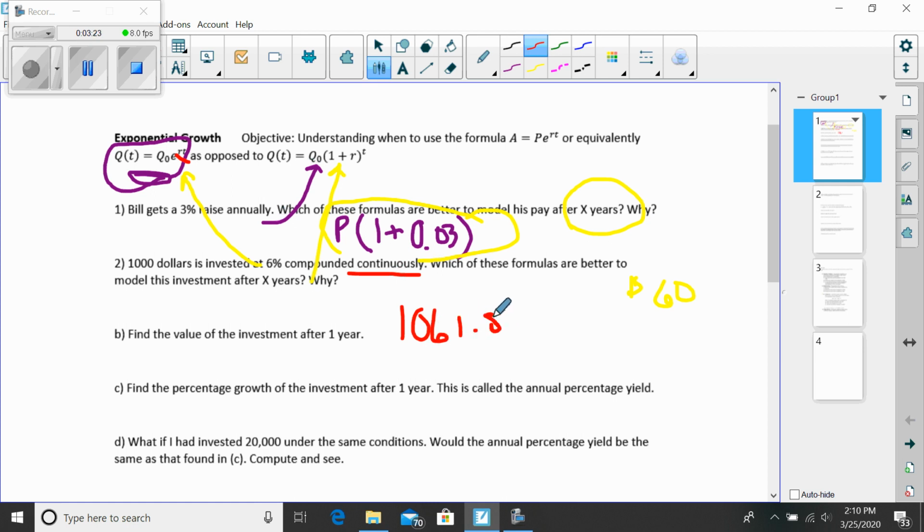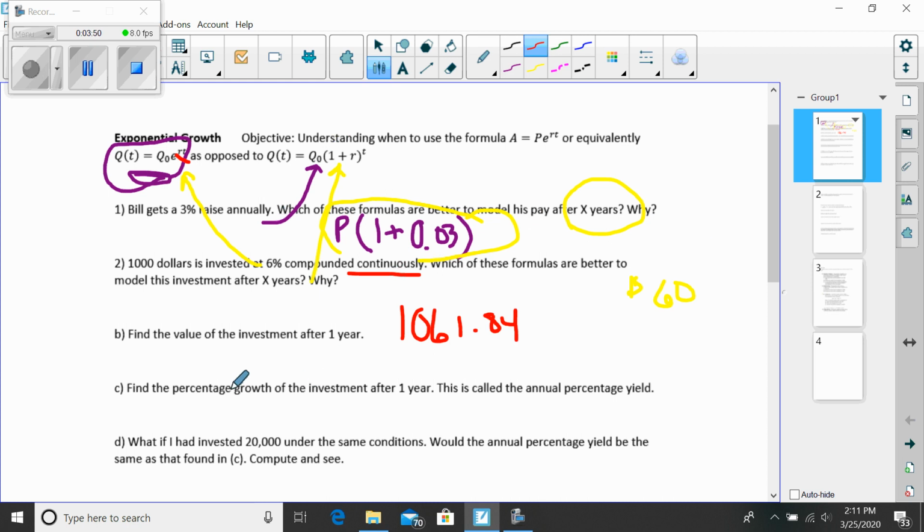The good news is if you ever use the wrong formula, the answers you get are very, very close. That's why sometimes they get used interchangeably when they shouldn't, because there is a subtle difference between the two formulas. But the answers tend to be very close. And if we're going to round off anyway, we might not really care, and we might be just as happy with the answer from one formula versus the other.